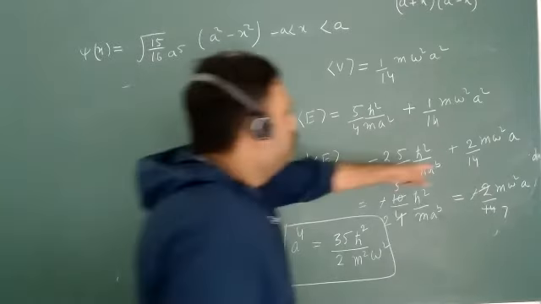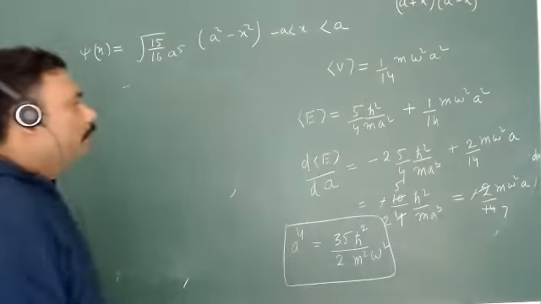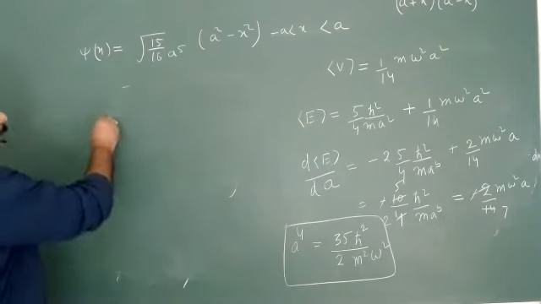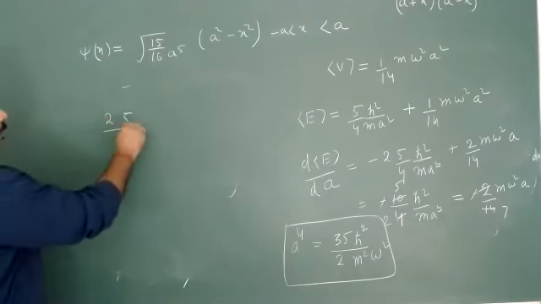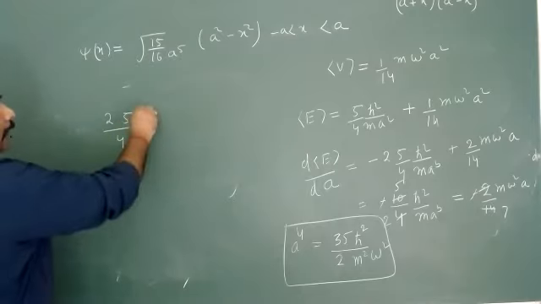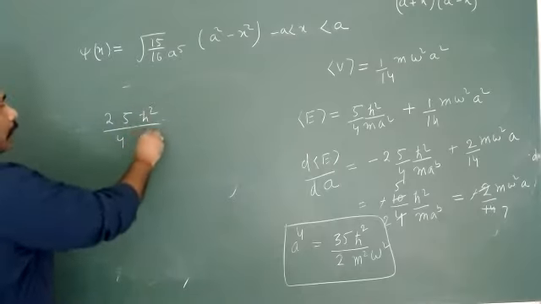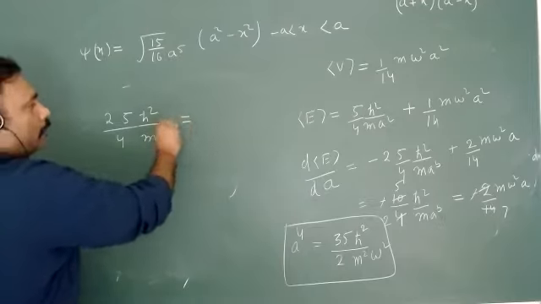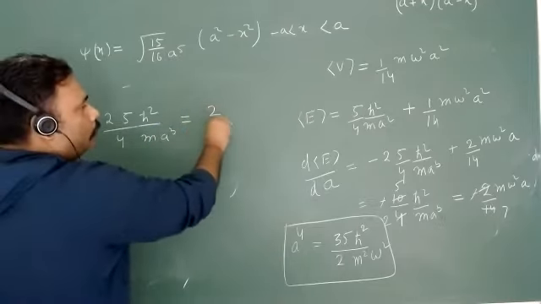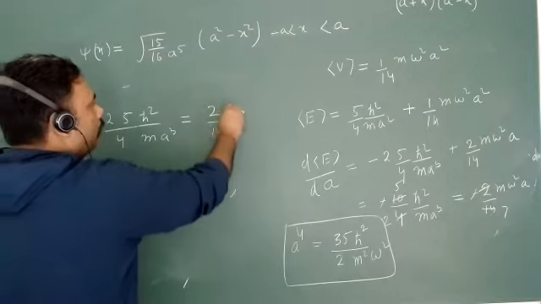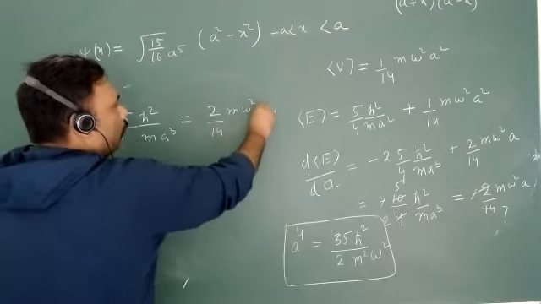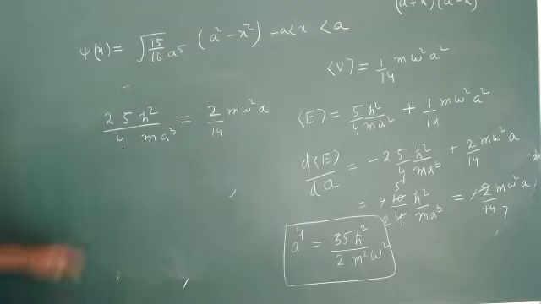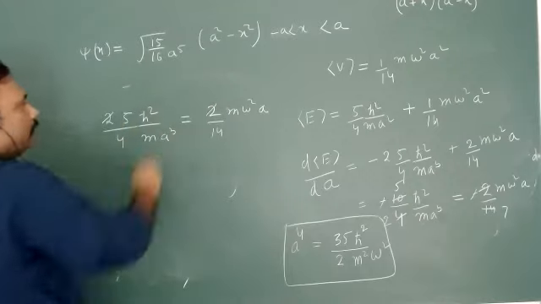So I can use this formula again. So this will be 2 times 5 upon 4, and this value h cut square upon m a cube is equal to 2 upon 14 m omega square a. This 2 will cancel.